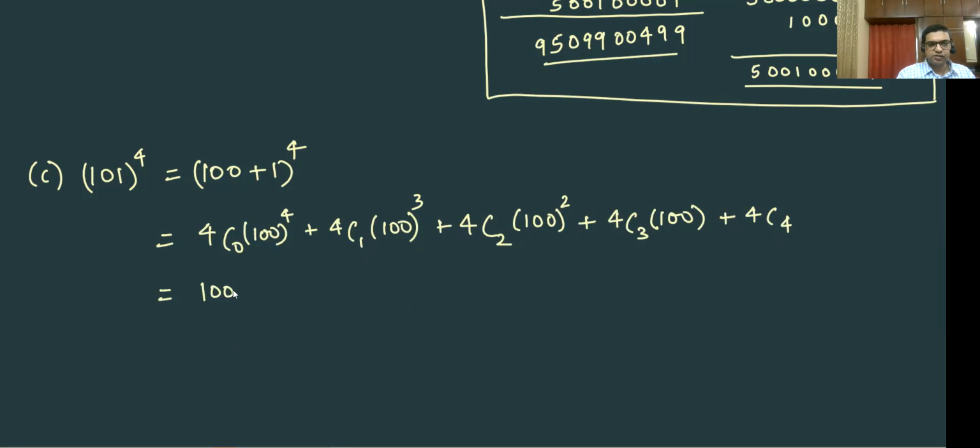So 10 power 8, this is 4C1 is 4, so into 10 power 6, 6 zeros. 4C2 is 6, 4C3 is 4, and 1.